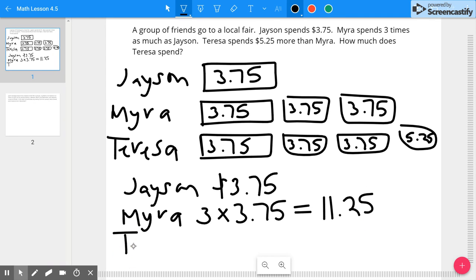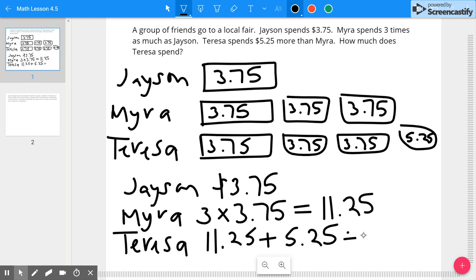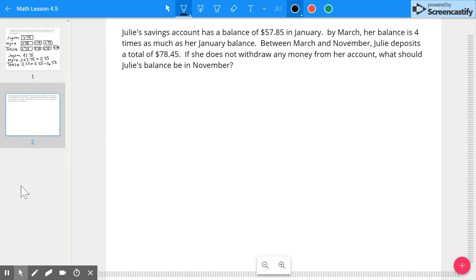And then Teresa, she was whatever Myra spent, remember? That's what her picture shows. So she spent the $11.25, but then she also spent another $5.25. And when you add that together, that gives you $16.50 as your answer. So Teresa spent $16.50.